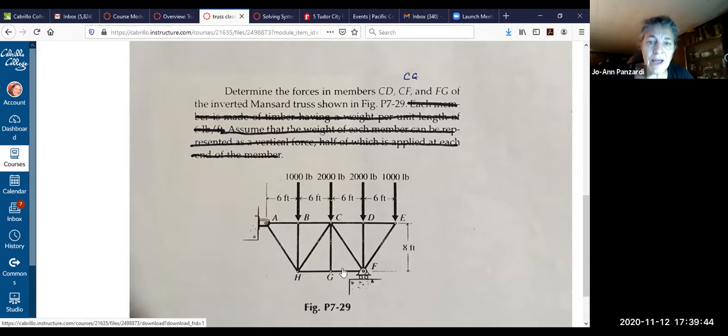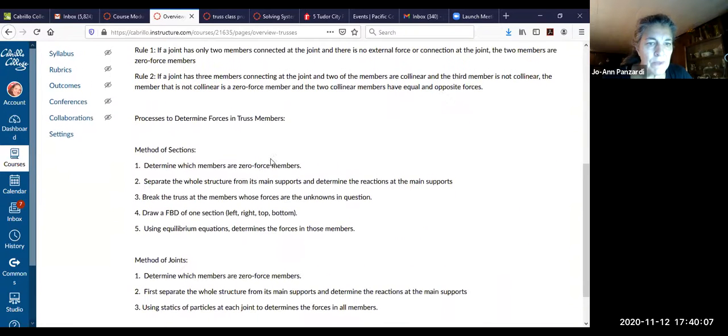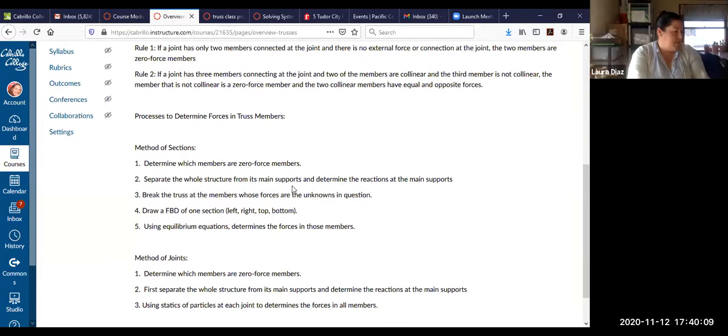Now the next 3 forces they want us to find are CD, CF, and FG, right? But what's rule 2 of sections say? Go look at their rule. Rule number 2 says to break the truss at the members whose forces are asked for.